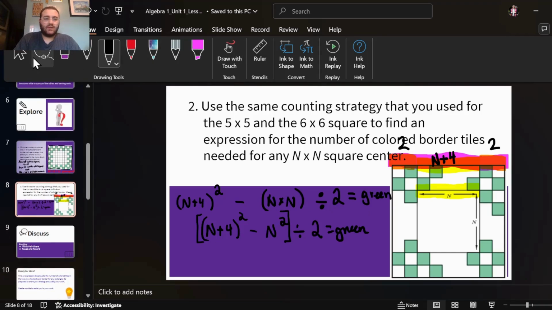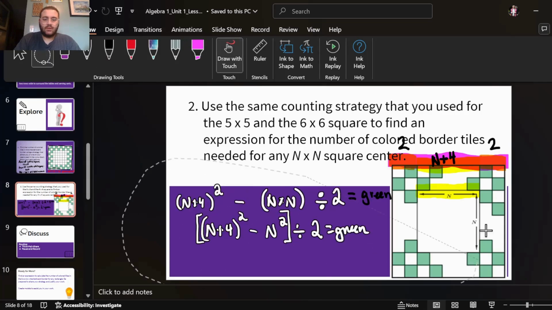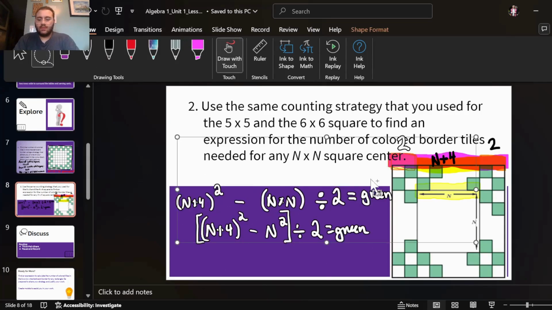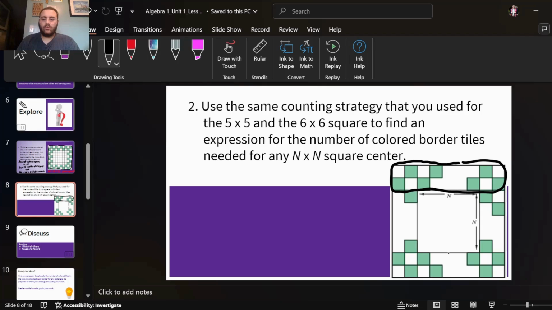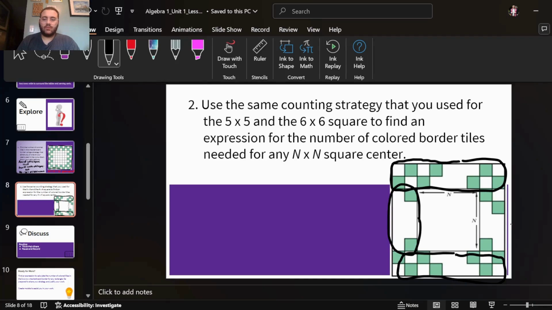Another counting strategy that you could work on is, let's say you really liked the counting strategy where we had 2 rectangles on the top and the bottom, and then 1 rectangle here and here. Well, we need to also see that this length is n plus 4, and this length is 2. And we have 2 of those, right?